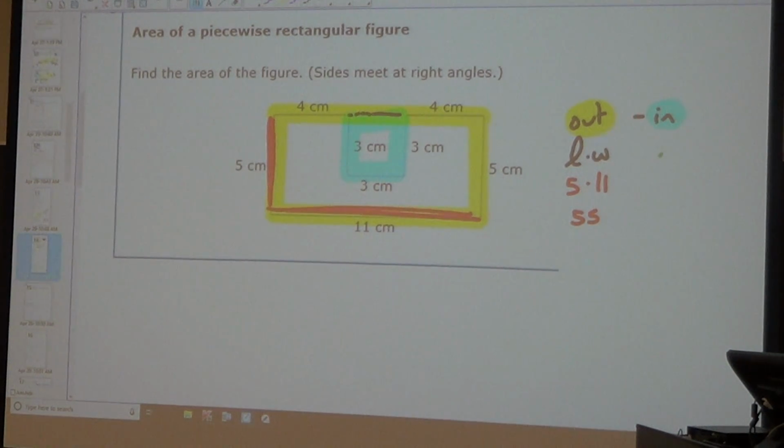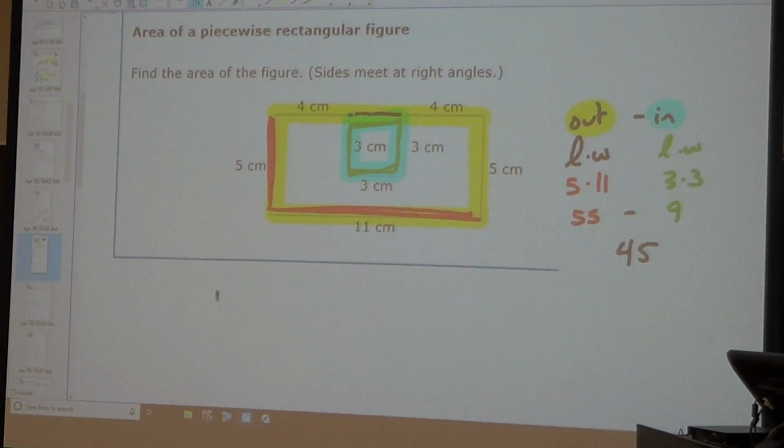Then I have to do the length and the width of this baby piece. What's the length and the width of that baby piece? 3 by 3, which is 9. So 55 is this whole thing. Okay. 9 is this little baby. So I'm going to do 55 minus 9. And that's where I'm getting the 45 from.